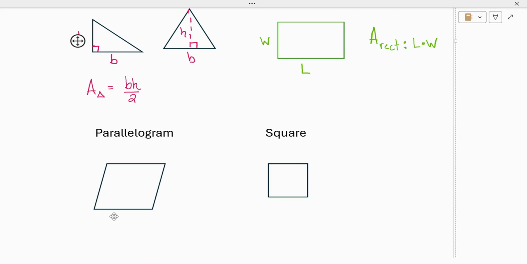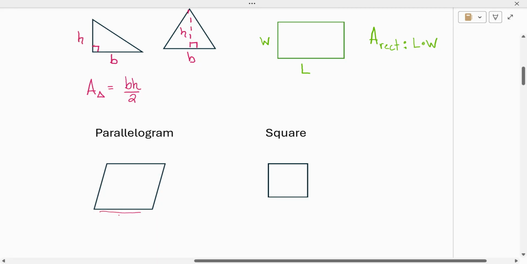So this bottom measurement, which is equivalent to the length here, we call that the base. You can think of it as the length. It's the same thing. But the width is the height, because if you think about a rectangle, this is a right angle. So we also need to find the height of this guy. So the area of a parallelogram, and I'm just going to put area of a para, is base times height.